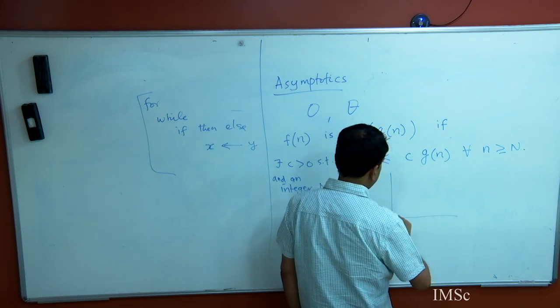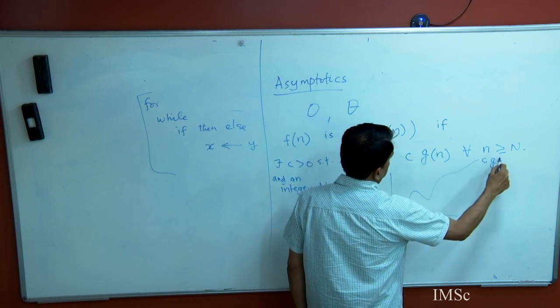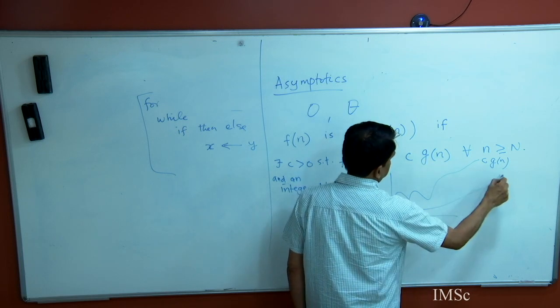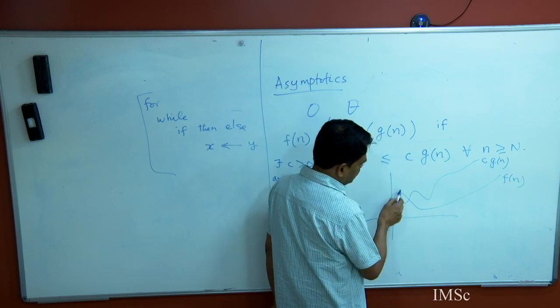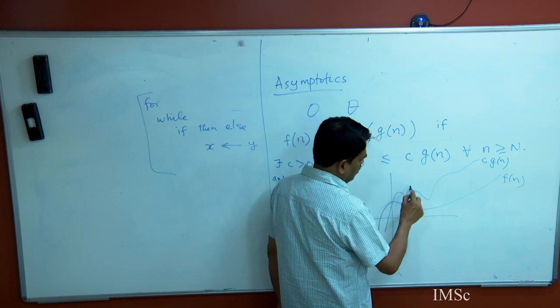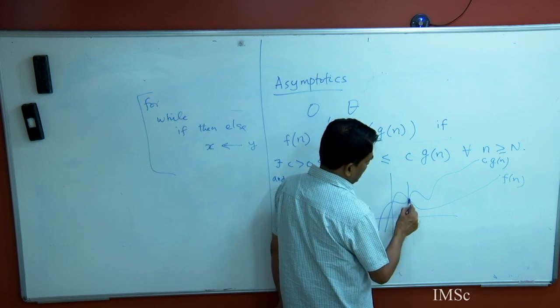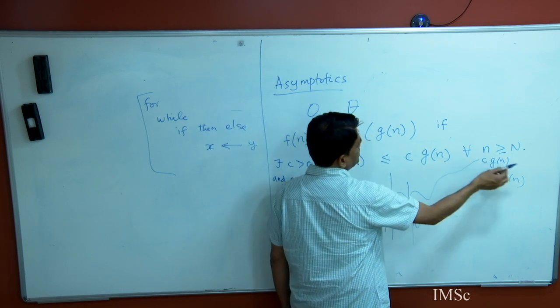so your c times g of n may be something like this, and my f of n may be like this, right. Sometimes it goes up above that, but after a point, after this n, my f of n is upper bounded by c times g of n.